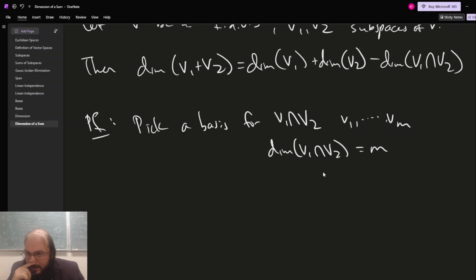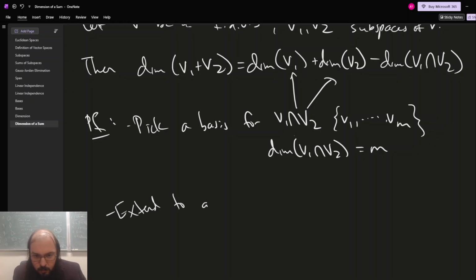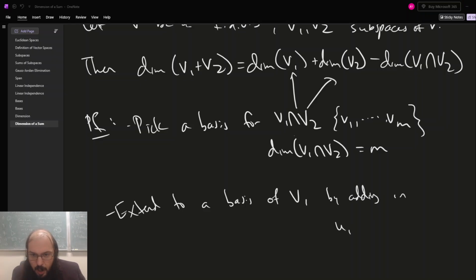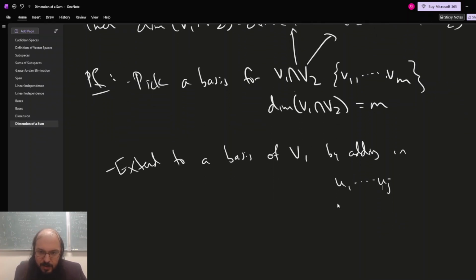On the other hand, since V1 intersect V2 sits inside both V1 and V2, I can extend this basis of V1 by adding in, how about u1 through uj, Axler uses the letter j, so how about that? u1 through uj. And that tells me then that the dimension of V1 will be m plus j.